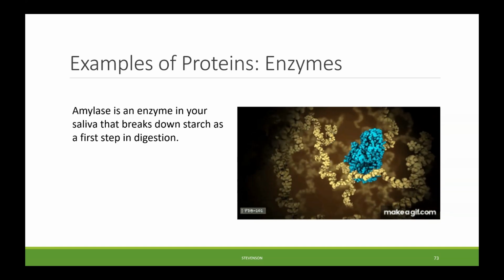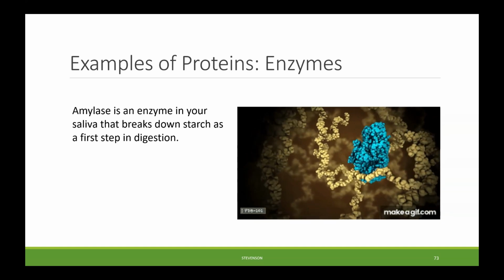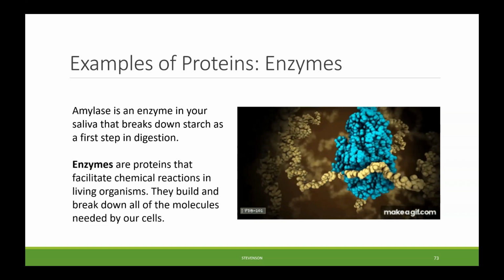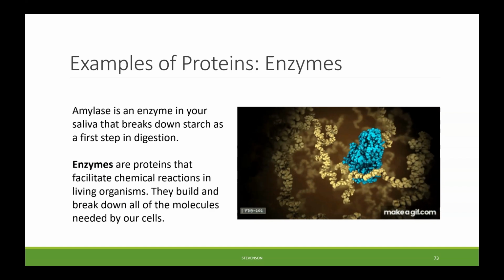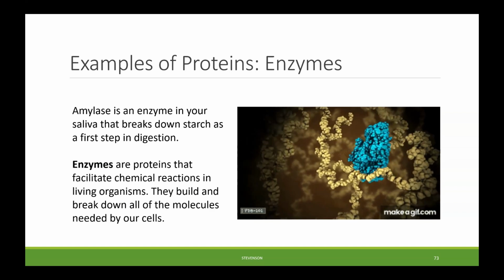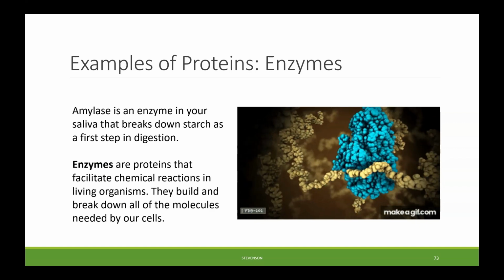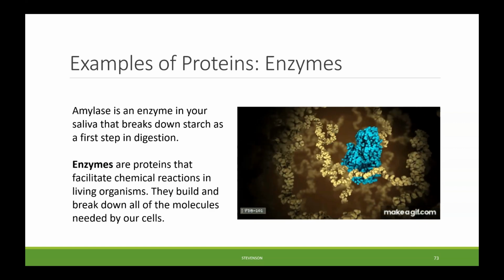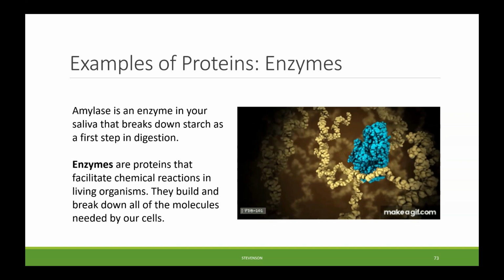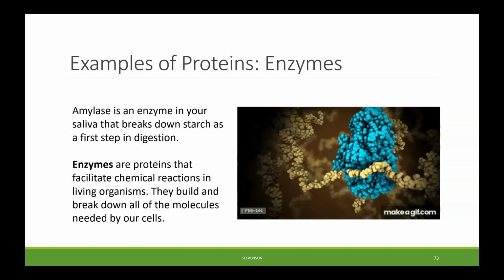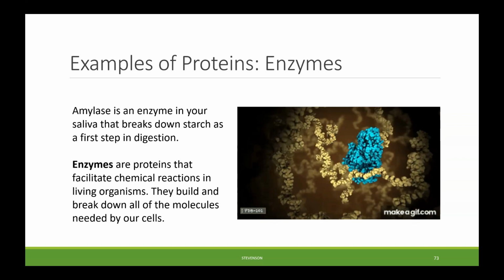And this breaking down of starch is a chemical reaction. As a general rule, enzymes are proteins that facilitate chemical reactions in living organisms. All of the chemical reactions in living organisms. They build things, they break down things, everything that's needed by our cells, all of the structures in our bodies, they are the result of chemical reactions that are made possible by enzymes, which are proteins.